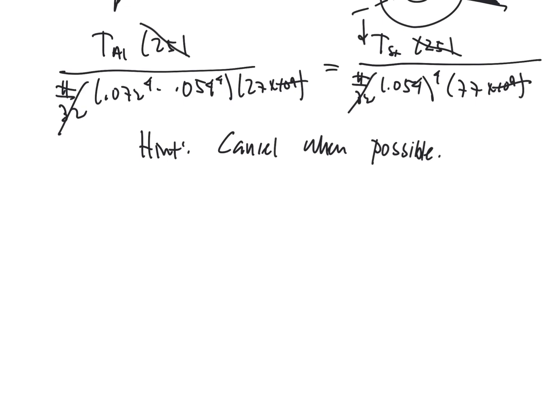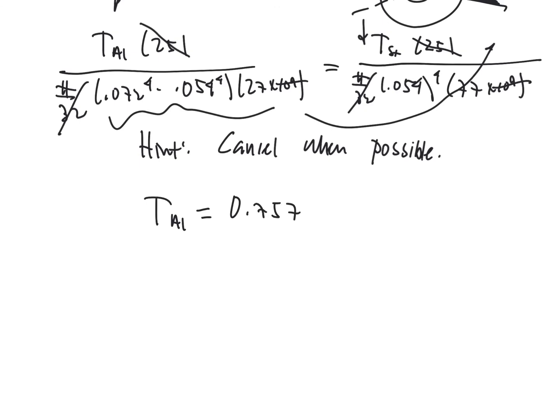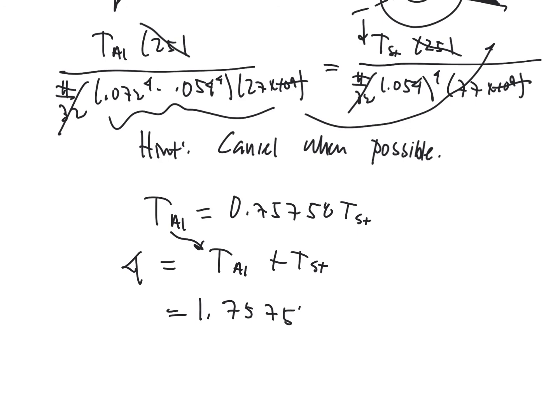All right, so if we do this, what happens? Well, we can bring these two upstairs. They can go onto the other side. And here's what we find. The torque in the aluminum is equal to 0.75758 torque of the steel. So what do we do with that? Well, remember, we have 4 is equal to torque in the aluminum plus torque of the steel. So now we just take this and it goes in here. So we have 1.75758 torque of the steel is equal to 4.